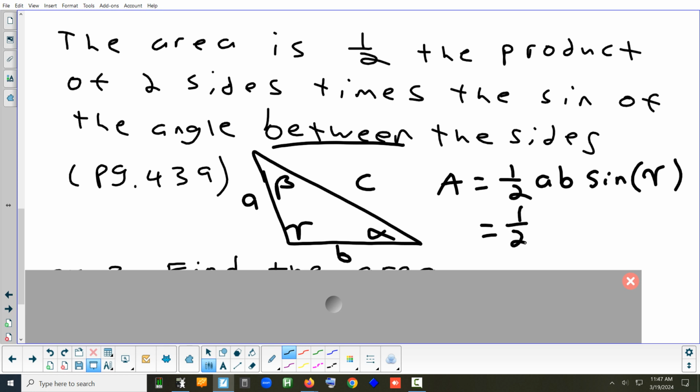Let's try it again. Pick 2 different sides. B and C. So it gives you the same answer. 1/2 the product of 2 of the sides times the sine of the angle between the sides. Alpha. I'm not going to write it every way you can. As long as you remember this idea, that's the important thing.